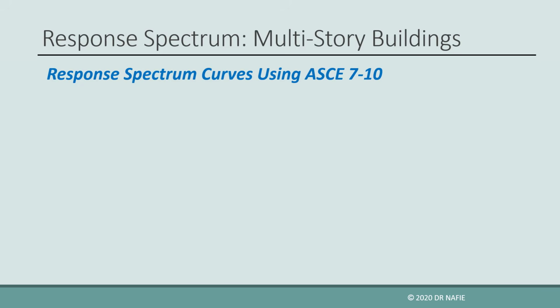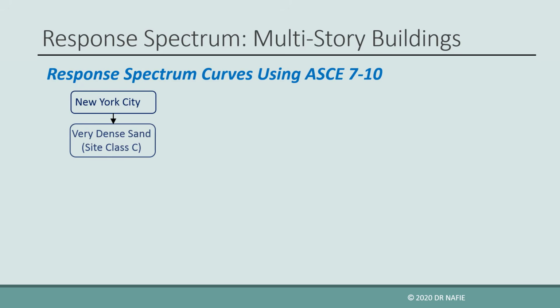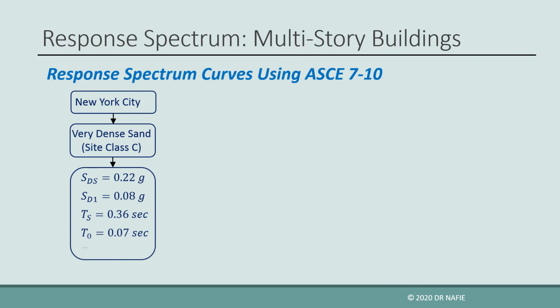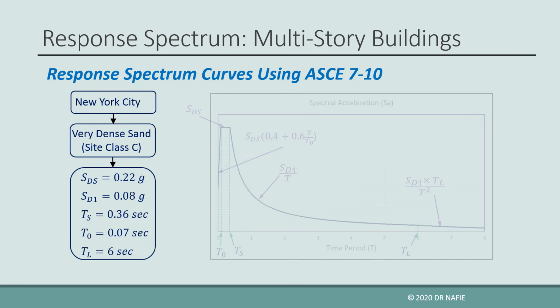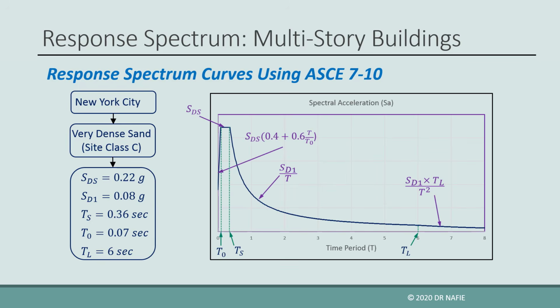Assuming that this building is located in New York City and that it is founded on very dense sand, we can obtain the seismic factors and draw the response spectrum curve using the tables and equations from the ASCE7-10 Code. This process is explained in detail in a previous lecture on response spectrum analysis.